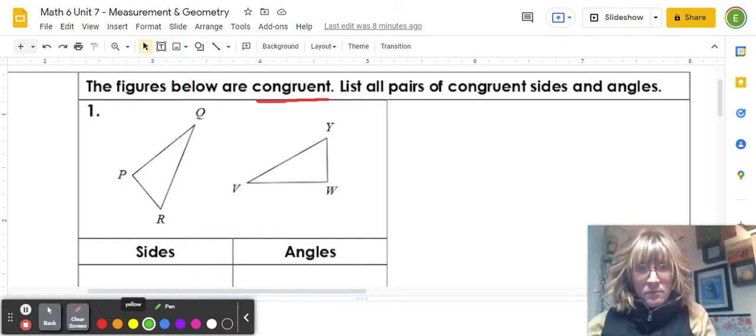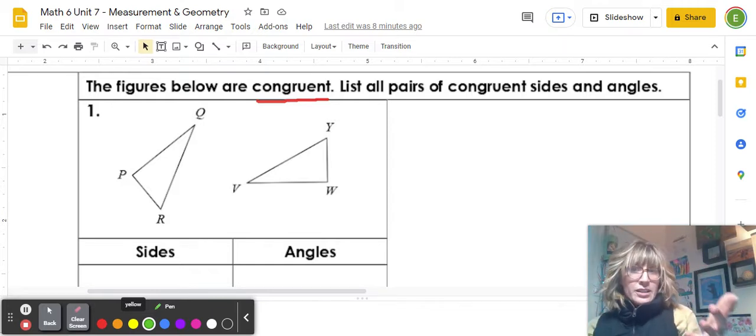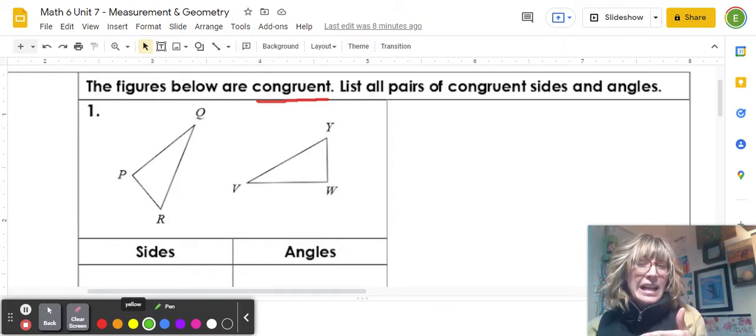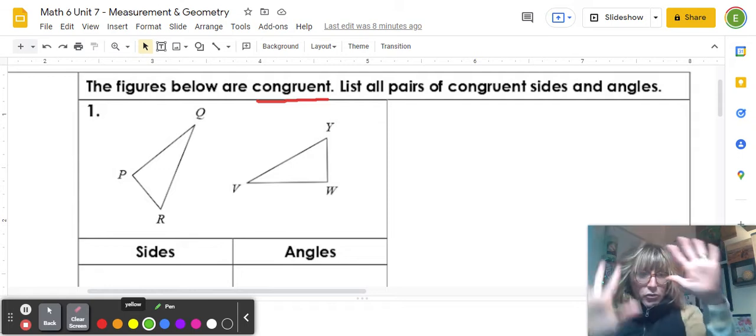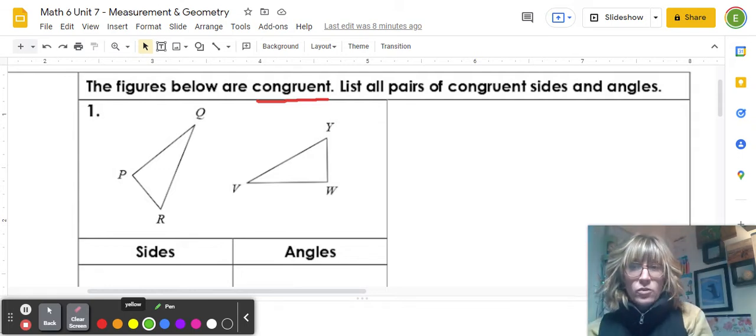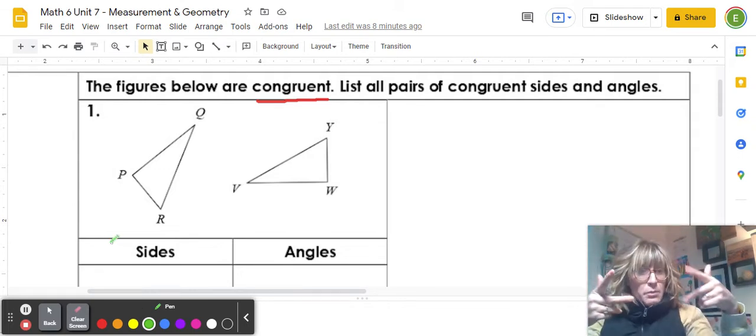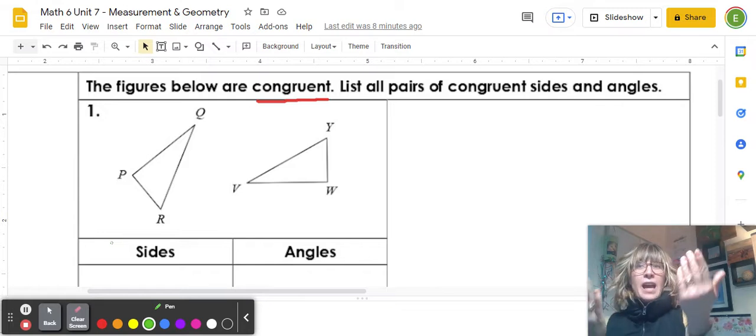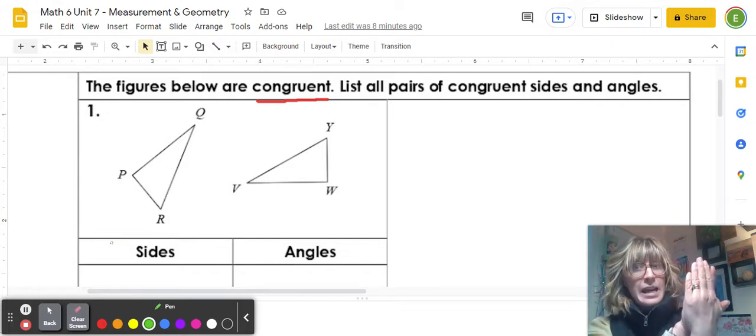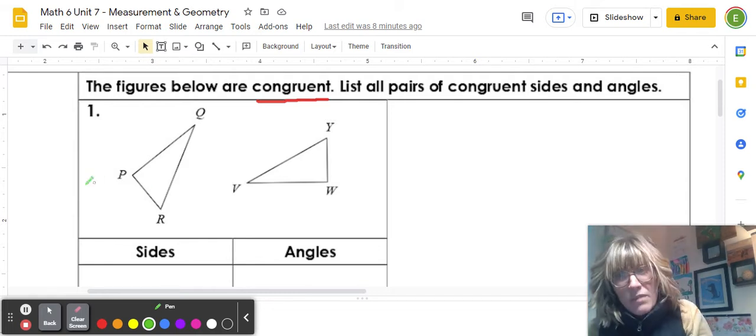Now, when looking at them, they do kind of look similar, but it's hard to tell that they're exactly the same because they're floating in different positions. But if you cut these both out of paper and flipped them so that they lined up, you would see that they are the same.